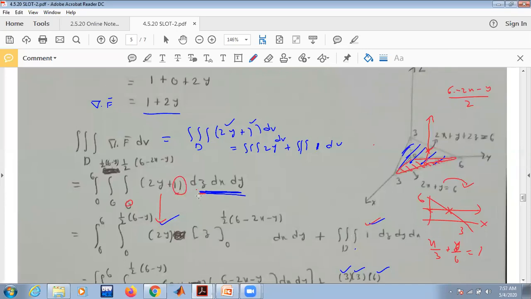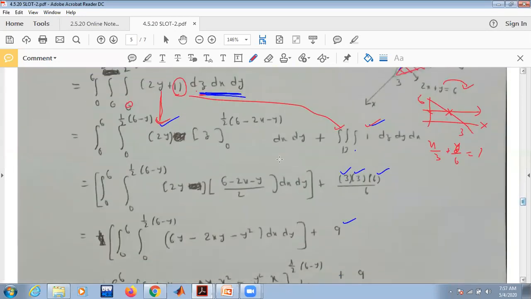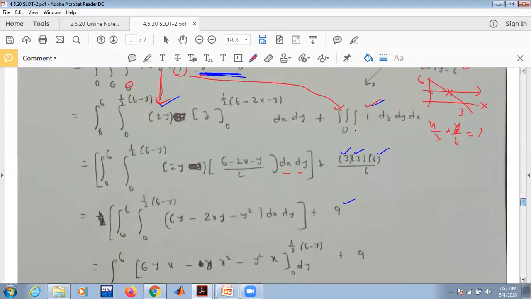So this is the second integral, this is the first integral, and the integration of 2y with respect to z is 2y into z. Z limits are from 0 to 1 by 2 times 6 minus 2x minus y. I substituted this limit in place of z. This is the limit, and this simplification we have to do with respect to x and y integration.